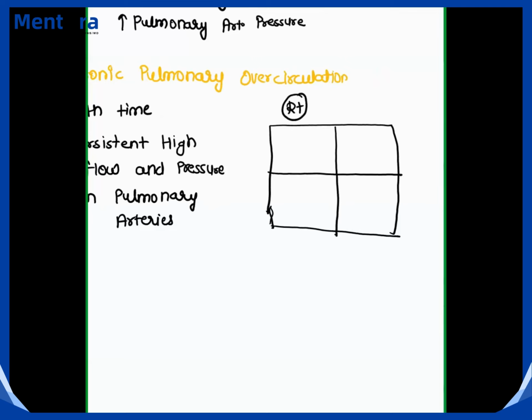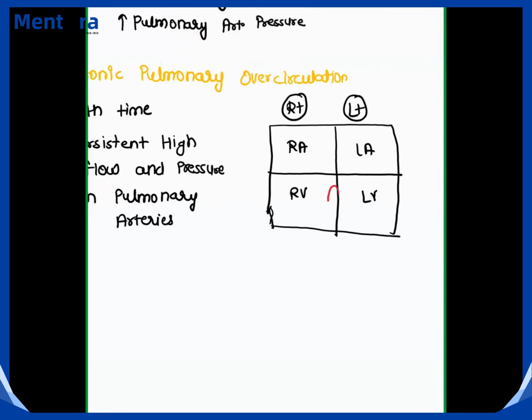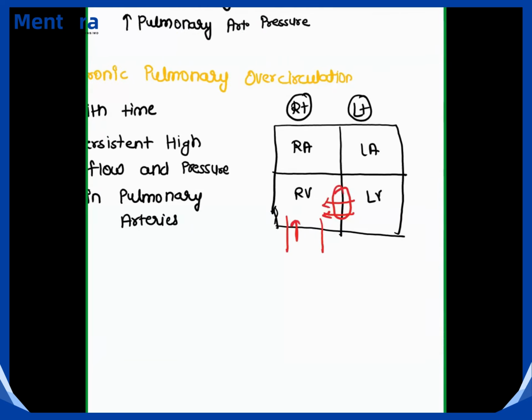This is the left side, the right side. Because of continuous left to right circulation, there is overload at the pulmonary area, continuous increase in pressure and flow at this area.